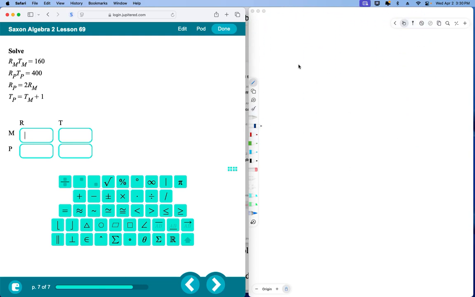Last one. All right, so I've got to find all of these. We're going to use the same methodology we've used before and just find something to substitute. I'm given RP and TP, so I'm going to substitute for that. So RP times TP is equal to 400. So the value of RP is 2 times RM, and the value of TP is TM plus 1.